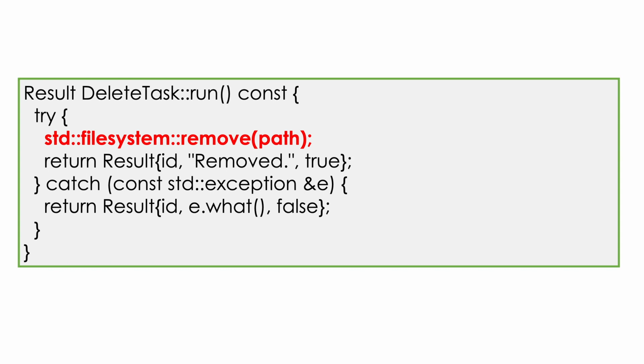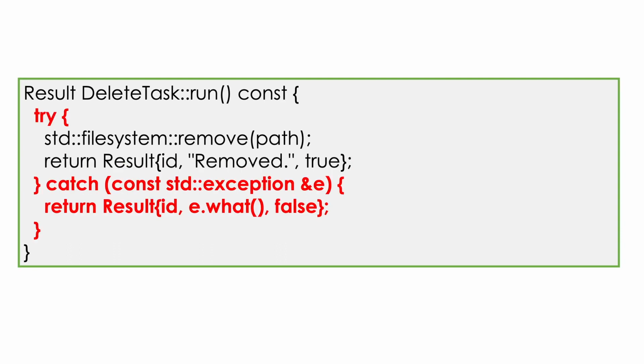If it's unable to remove, it's going to throw an exception when we use this overload. And so if it doesn't throw an exception, we know that it was able to remove the file, and we can return a result that says, hey, I was able to remove the file, it succeeded, and then obviously the result.